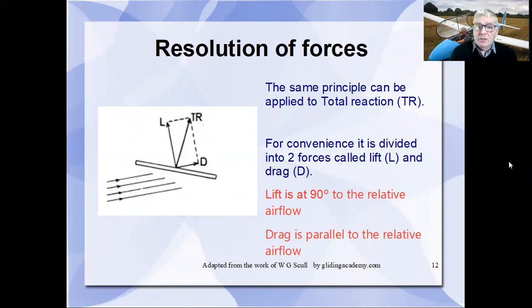And in this example, and in all aerodynamic examples, lift is placed at 90 degrees to the direction of travel of the wing. And drag is parallel with that direction and in the opposite direction. So we can now create a parallelogram of forces L and D, lift and drag, as a purely arbitrary thing, and that's where they originate. Lift is effectively 90 degrees to the relative airflow, and drag is parallel to the relative airflow.